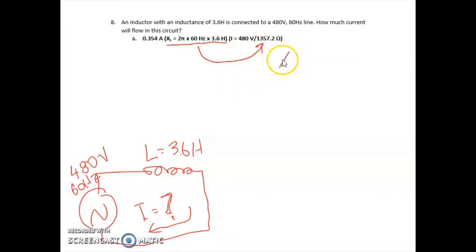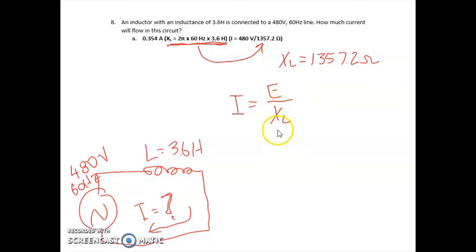So X sub L equals 1357.2 ohms. That's using this formula here, the formula that we've been talking about a lot. And then now I'm using Ohm's law, and I'm substituting inductive reactance for resistance in Ohm's law.